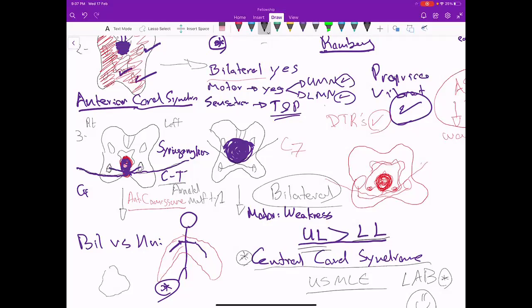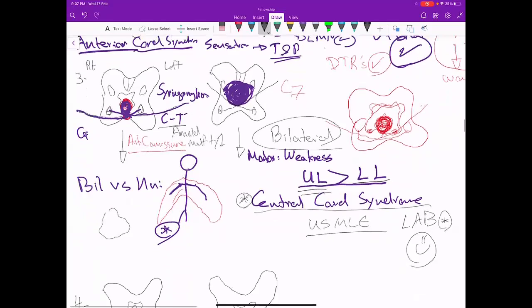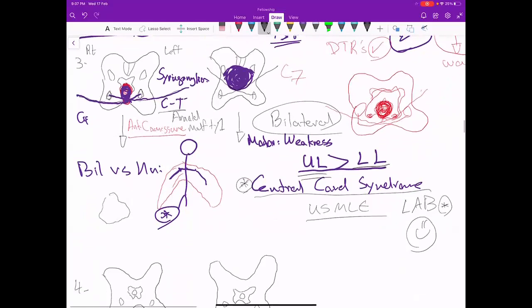That's why in a clinical scenario, if you see upper limb weakness more than lower limb weakness, you will not have paralysis, because not the entire cord is gone.